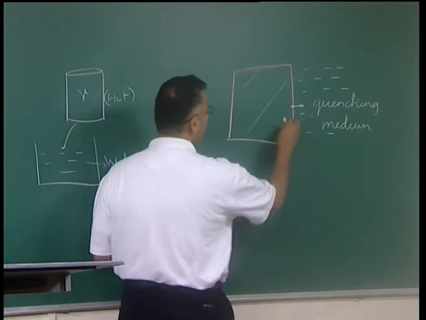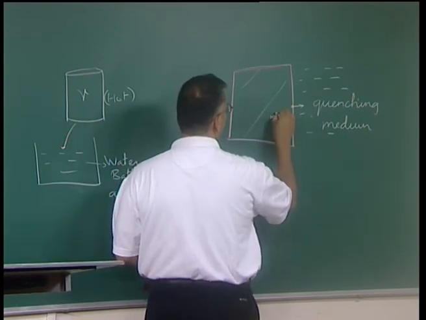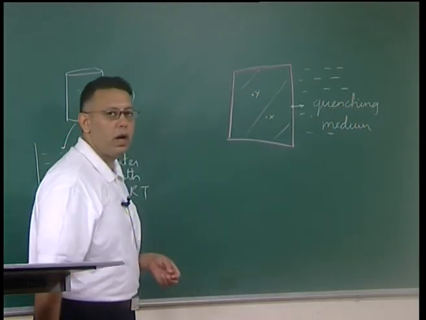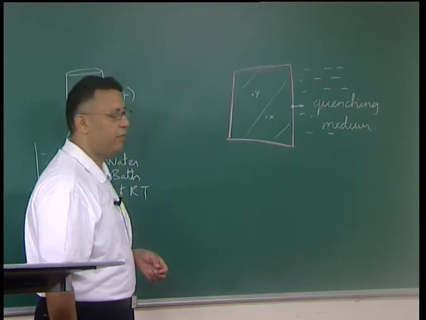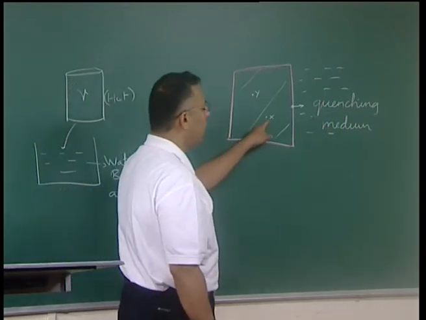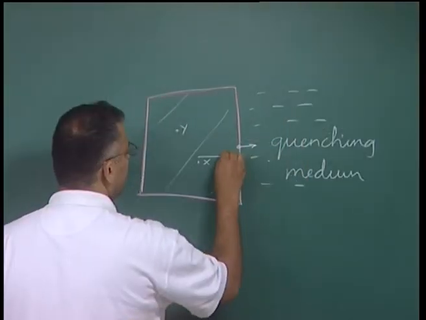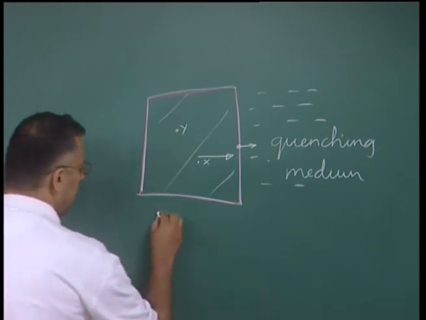However, even if you quench this surface very fast, the interior of the material, say a point X in the material or a point Y in the material, these points are not in direct contact with the quenching medium, and therefore, the way that this point X is going to be cooled is via conduction. That means, heat has to flow to the surface and has to be removed.